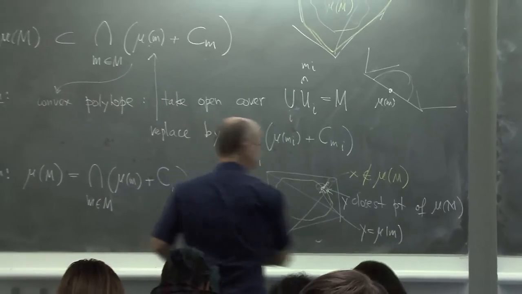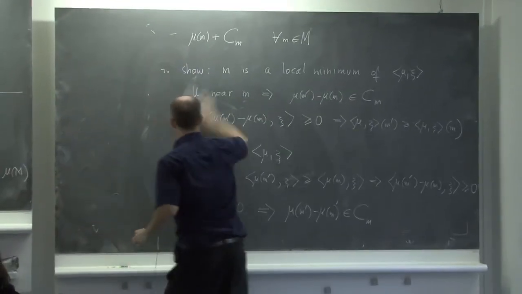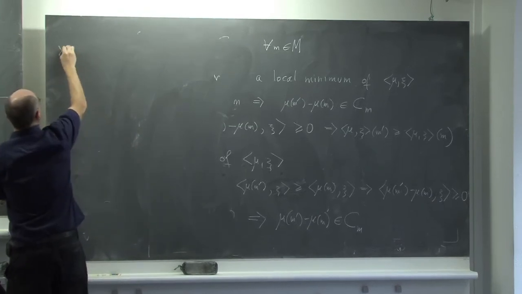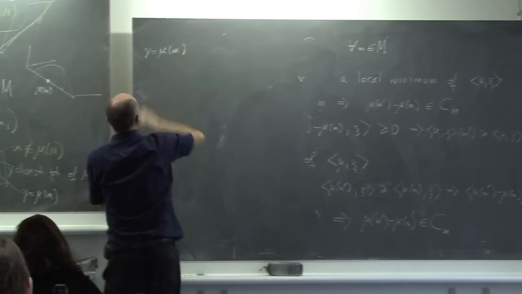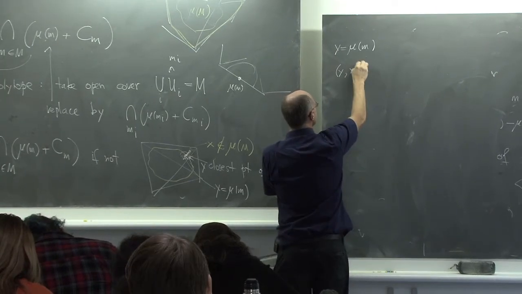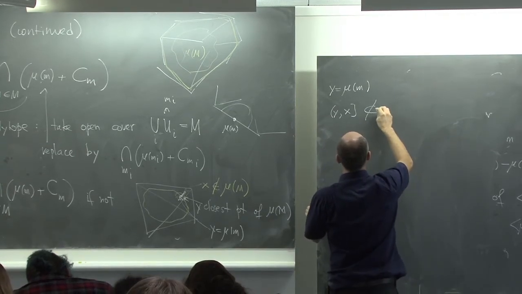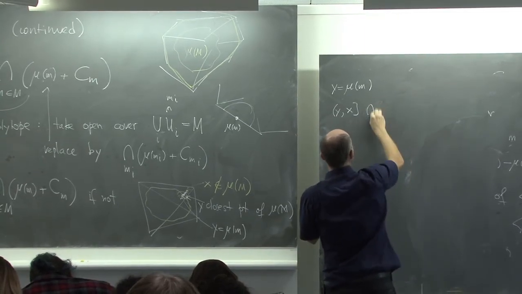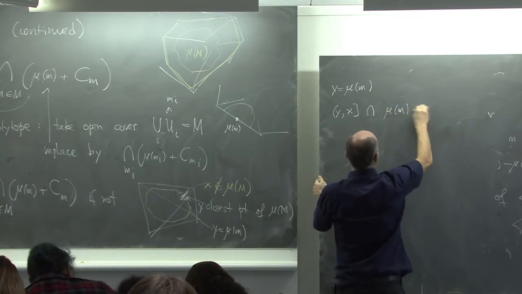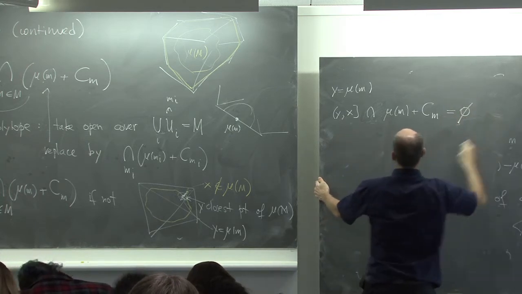Right? Maybe I write it explicitly. So y is equal to mu of m, and we see that this segment has no intersection with mu of m plus C_m, right?